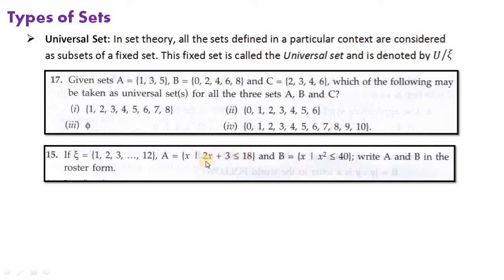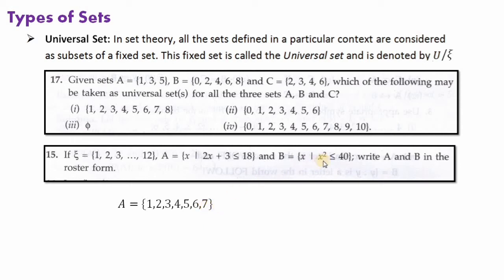Next is 7: 2 into 7 is 14, plus 3 is 17. This also comes. Now next is 8, isn't it? So we have 2 into 8 is 16, plus 3 is 19. That means x equals 8 doesn't come within this set. So that's why A will be a set containing 1 to 7. I hope the thing is clear to you.